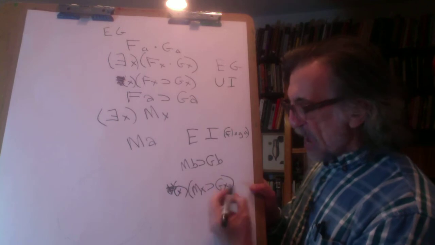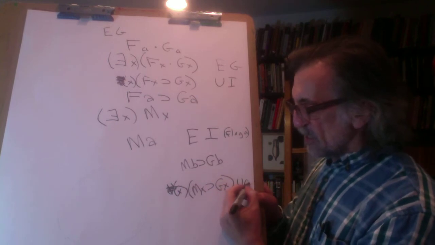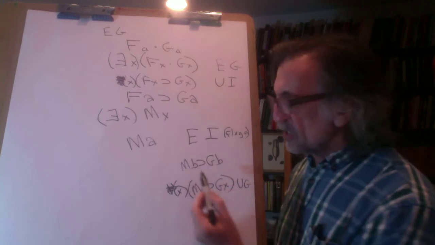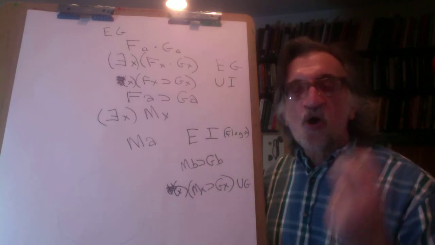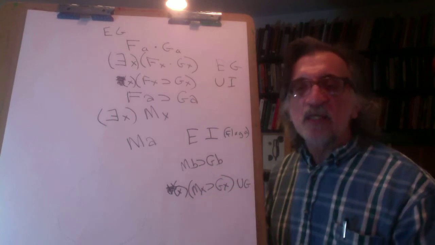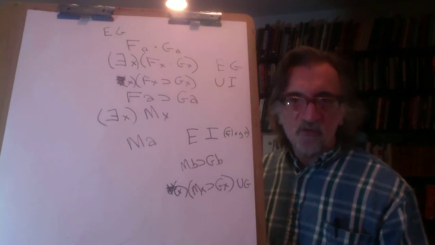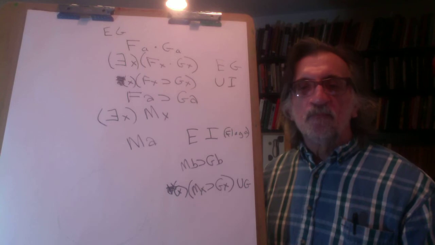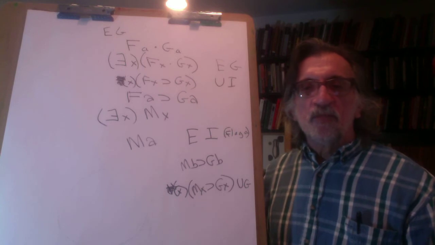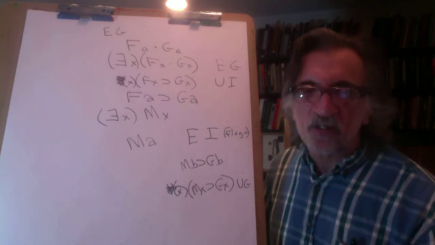Okay, that would be the universal generalization. But when can we do that? We can only do that if the b that we have been using in a proof is a name, but not any particular name.